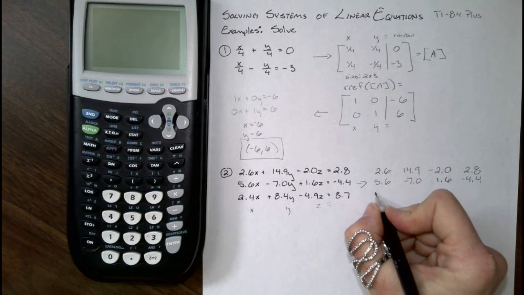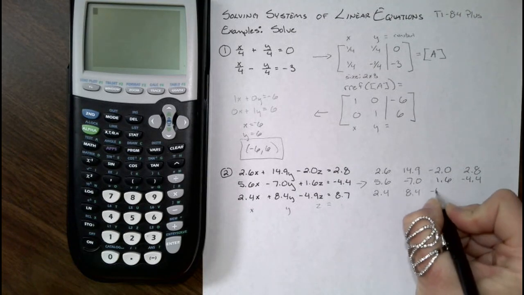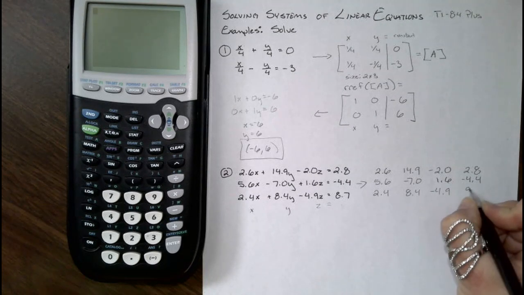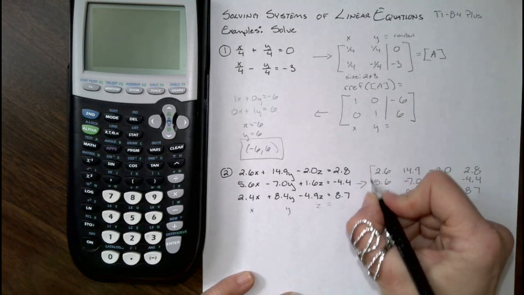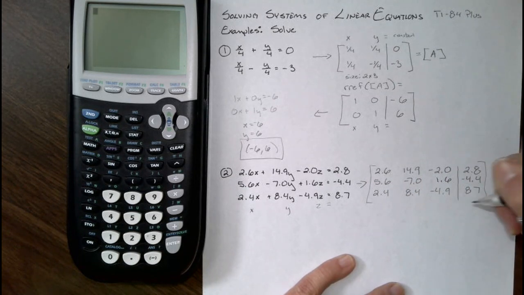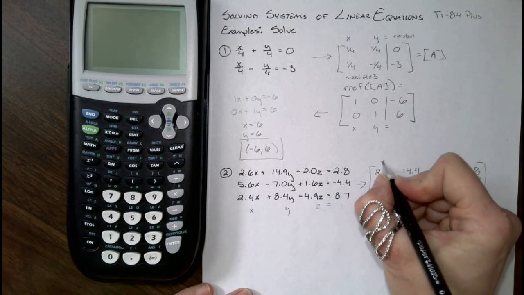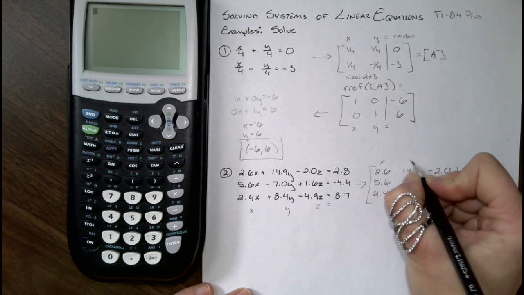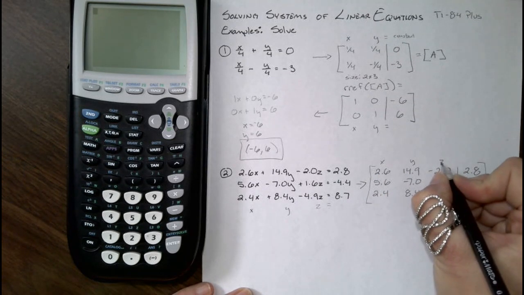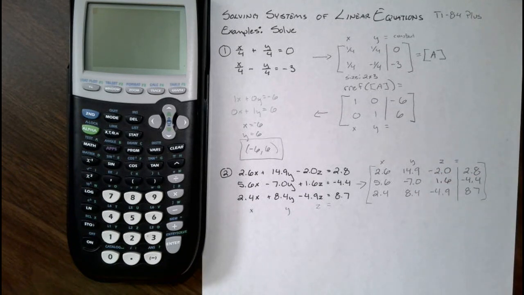The third and final row is 2.4, 8.4, negative 4.9, 8.7. Again, I know that this is an augmented matrix, so I'll put that vertical line there to identify where that equal sign is. The first column are the x values, the second column are coefficients of y, the third column, coefficients of z, and then that vertical line shows me that equal sign.